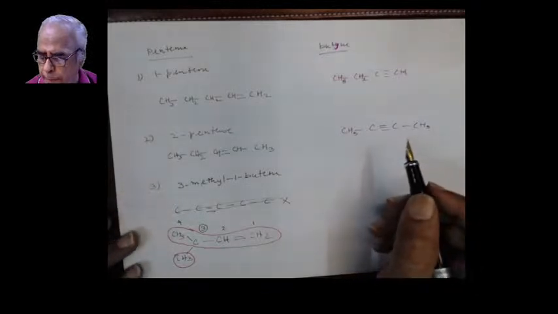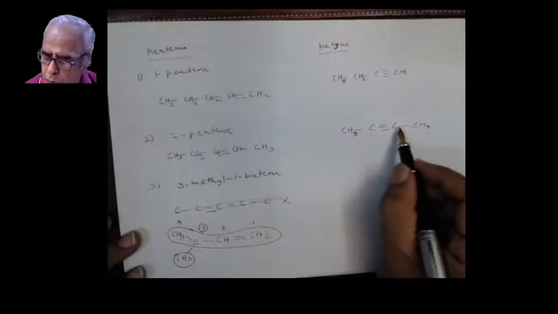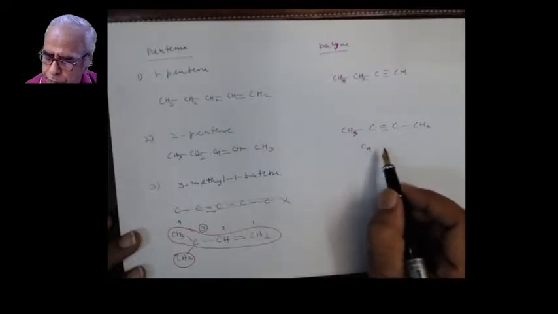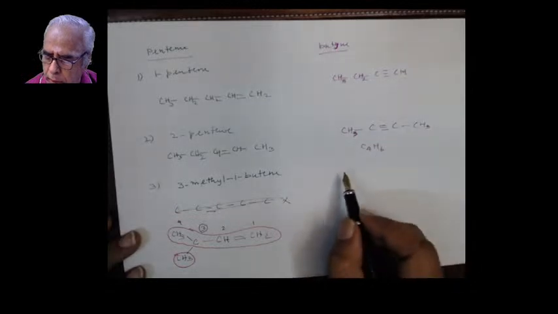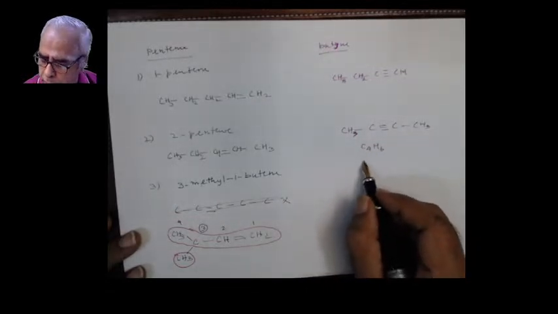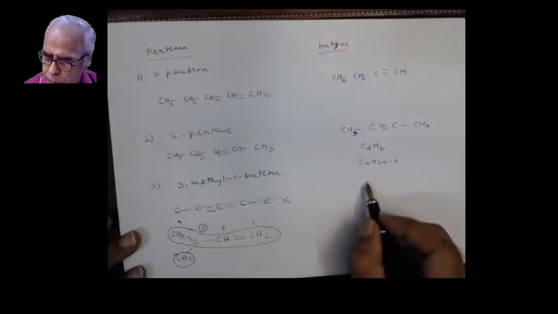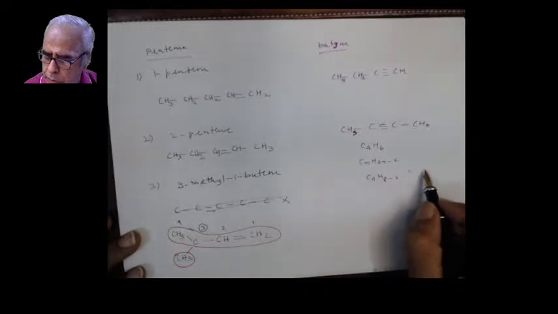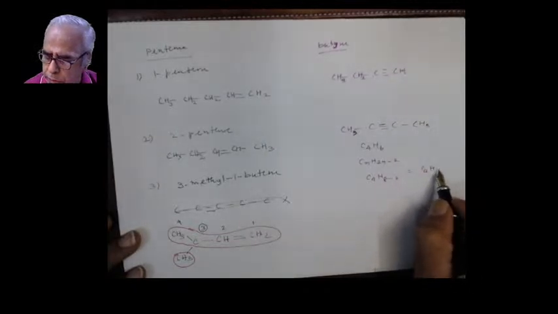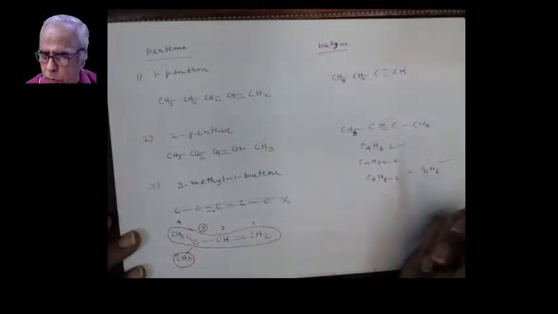Leave it as such. Now you just count it, that is 1, 2, 3, 4. So C4, 3 plus 3, 6. So C4H6. And whether that formula is applicable, CnH2n minus 2. Let us check. C4H8 minus 2, that is C4H6. So that's correct.